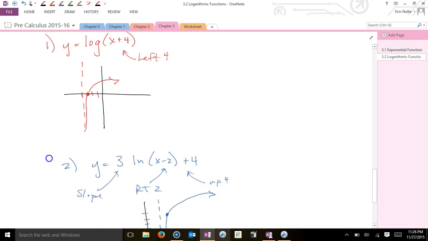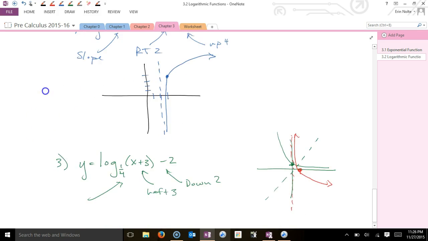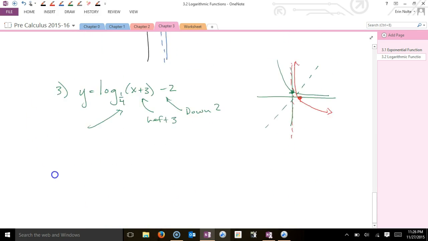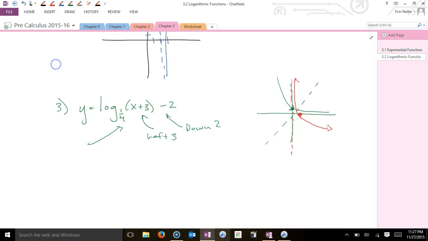Where was that negative we did? Oh, I never drew it. But what it looks like to me is, remember when we were talking about the negative version of this, if I had a negative out front? That's what it looks like. Wait, which one? The red one. So I'm drawing the red one now.